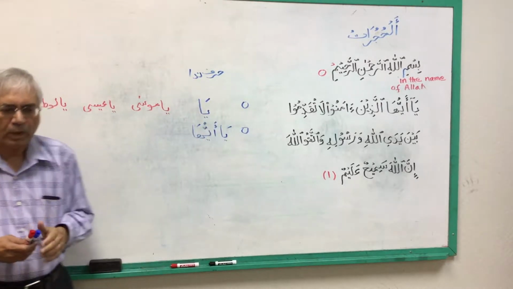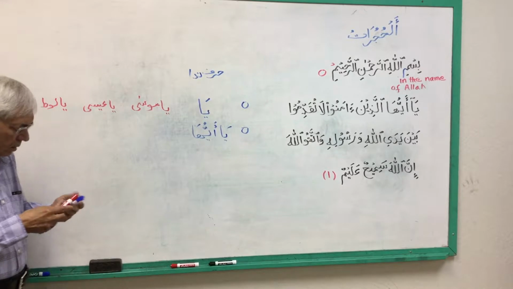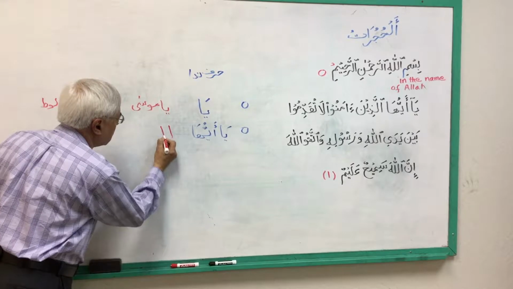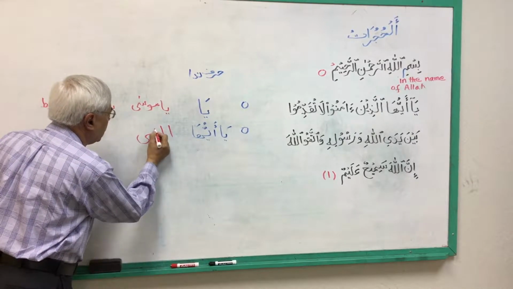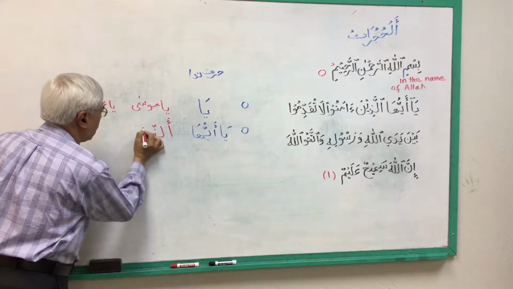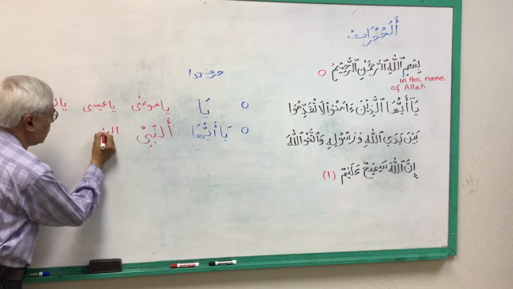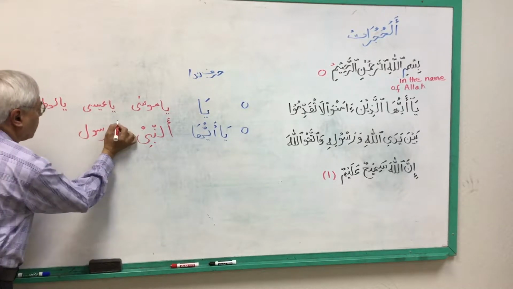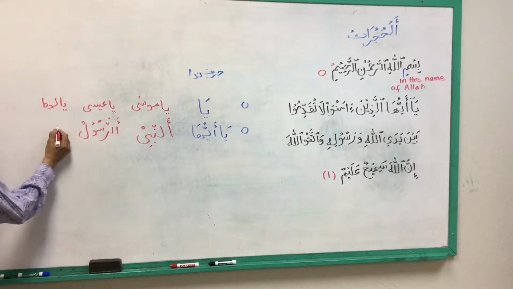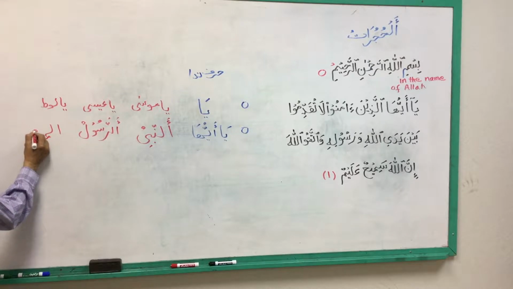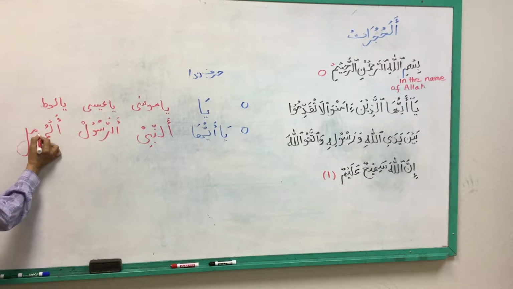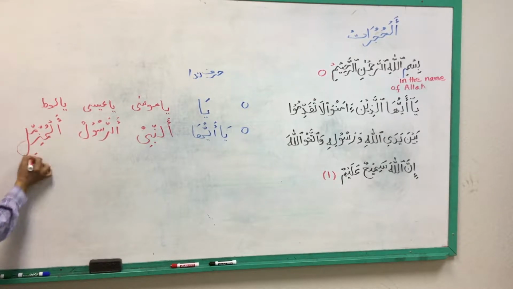Ya means O. Then in other places in the Quran, you will see the words An-Nabiyyu, Ar-Rasulu, Al-Muzammilu.